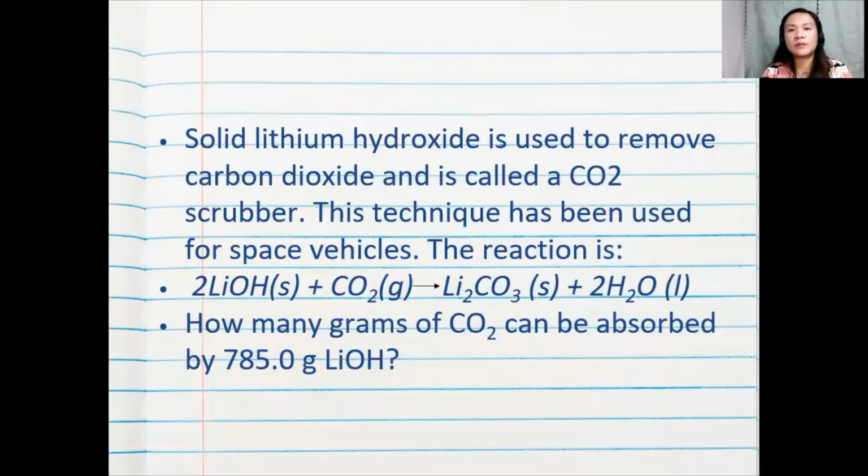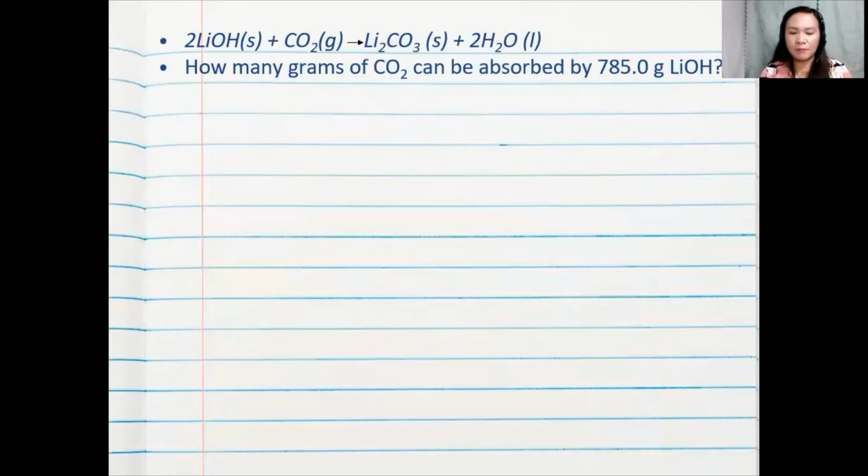So the question is, how many grams of carbon dioxide can be absorbed by 785 grams of lithium hydroxide? Let's solve this problem. We have this equation, and we are being asked for the grams of carbon dioxide if we are given 785 grams of lithium hydroxide.